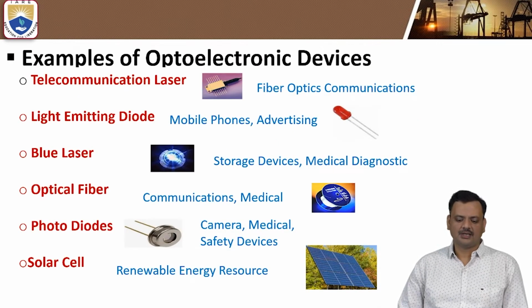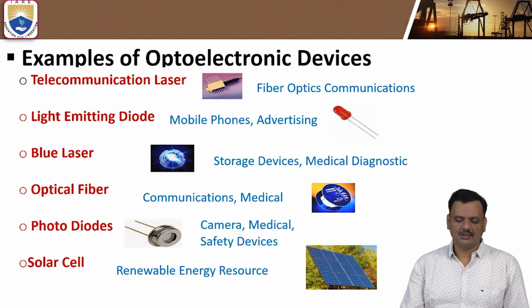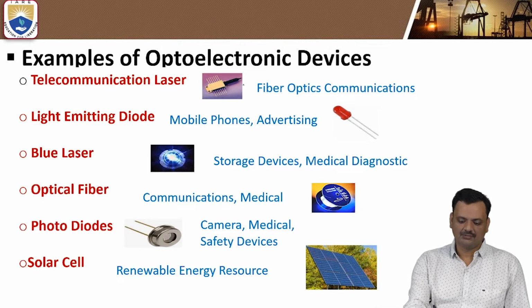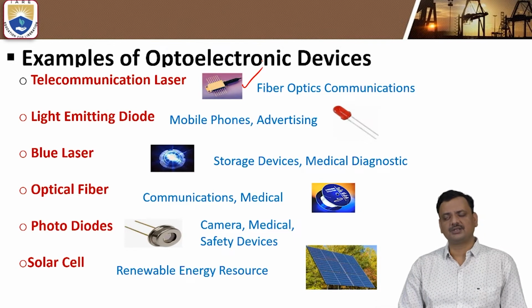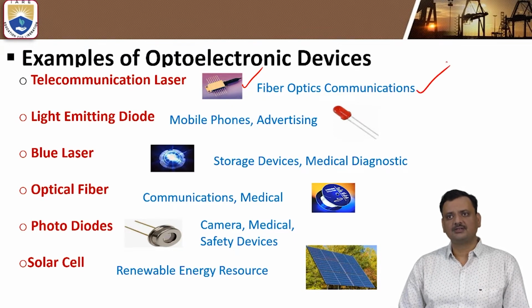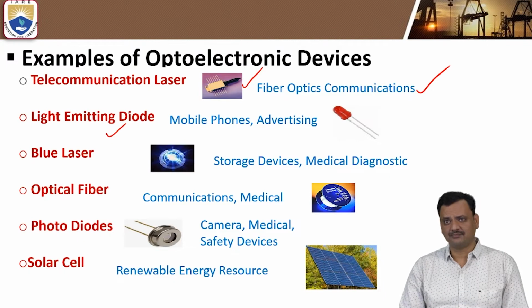Here some examples of optoelectronic devices are given. The first one is the telecommunication laser, and its figure is shown here. It is utilized in fiber optic communications, that is, in the communication field. The second example is the light emitting diode.